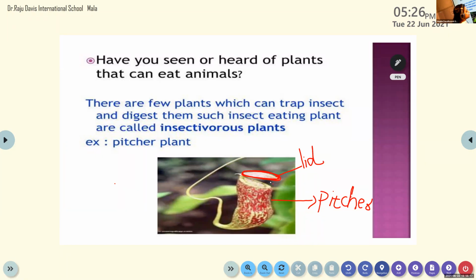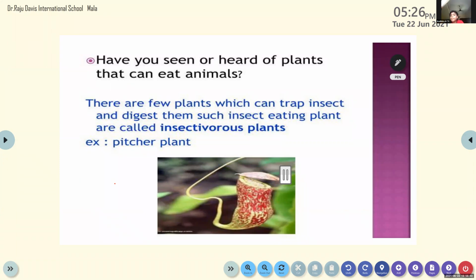Now what about the state of this lid? Is it open or closed? Open. Yes, very good. In this case, the lid is open.